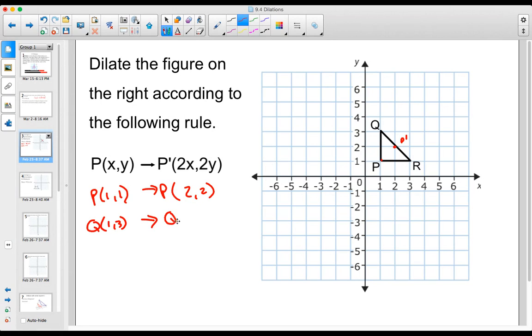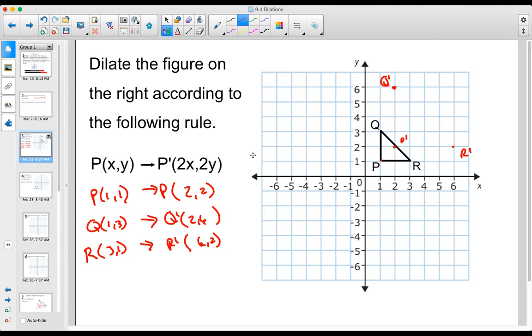It's going to map to Q prime. Again, we're doubling these, so that's going to be at (2, 6). And the last point, R, is at (3, 1). That's going to map to R prime, which is (6, 2).